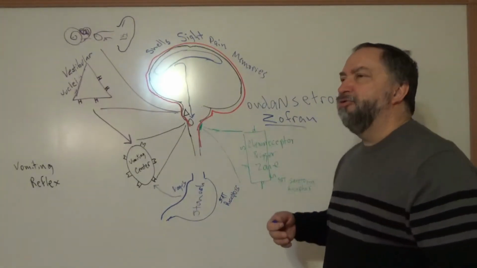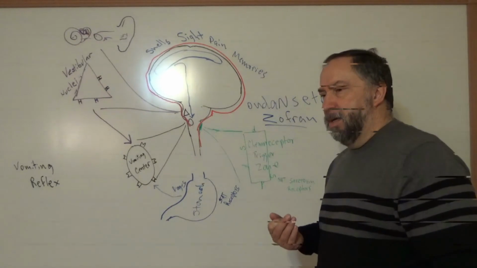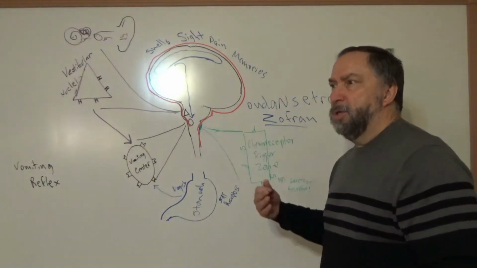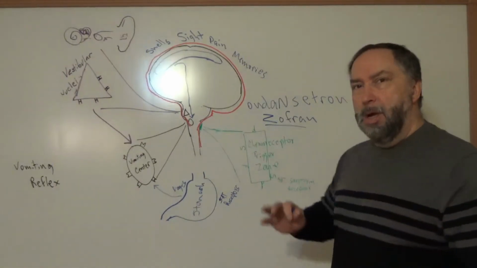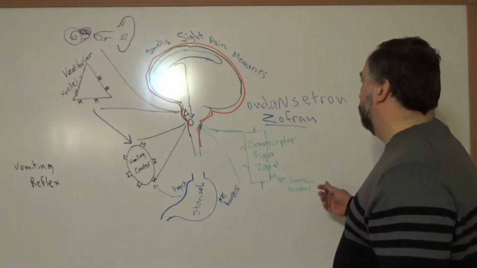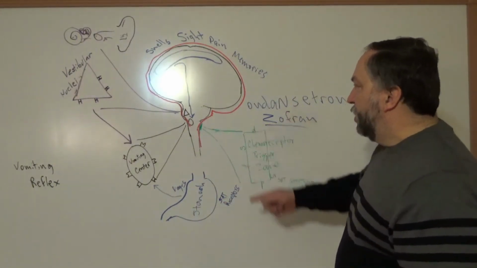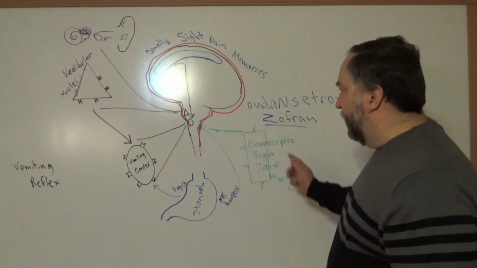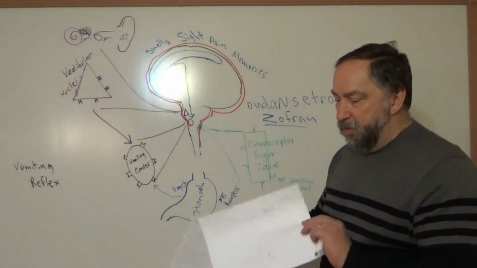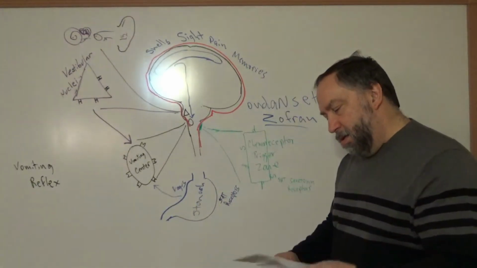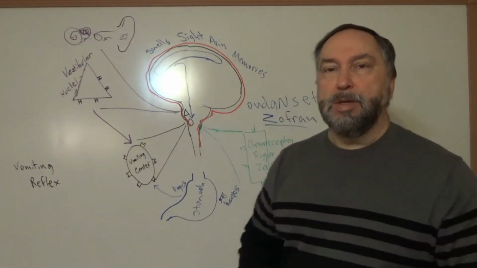And the steroids you don't want them to be on for very long, of course, and that's a whole different class to talk about. But so this is our vomiting. It's how it occurs. I think I've told you everything I want to tell you here. Okay, so that's it.